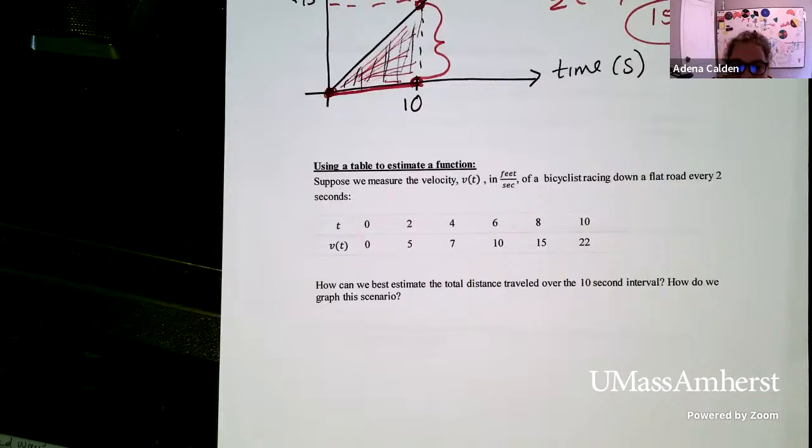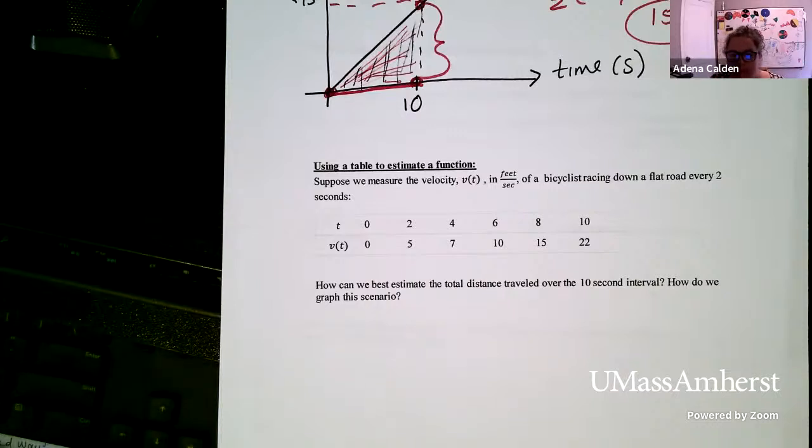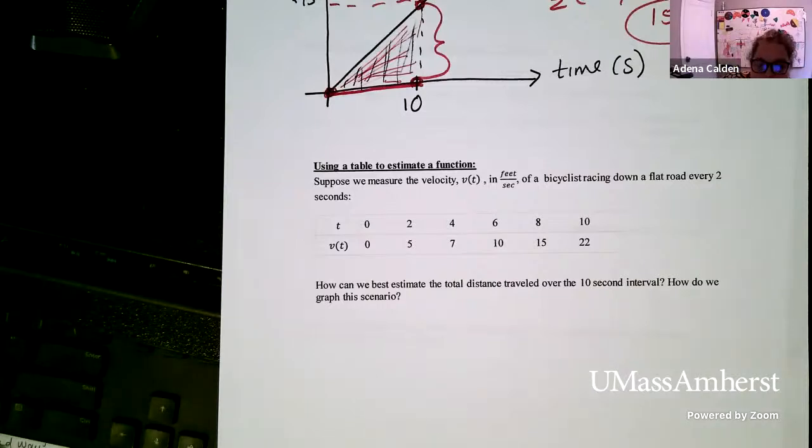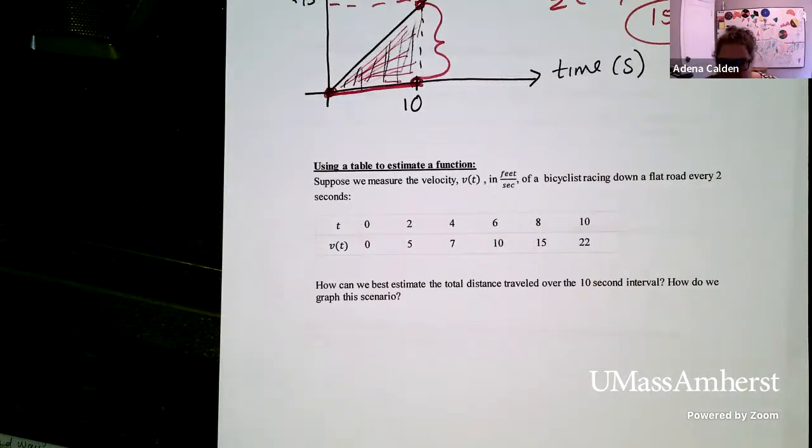Suppose that you are a bicyclist and you're in a race, okay? It's a flat road, you're in a race, and the race is that whoever goes the furthest distance in 10 seconds wins $1 million, right? Let's pretend the stakes are really, really high to make this really dramatic.